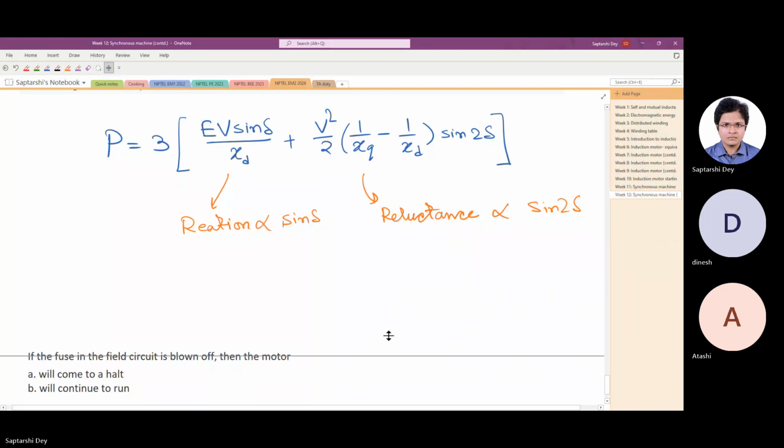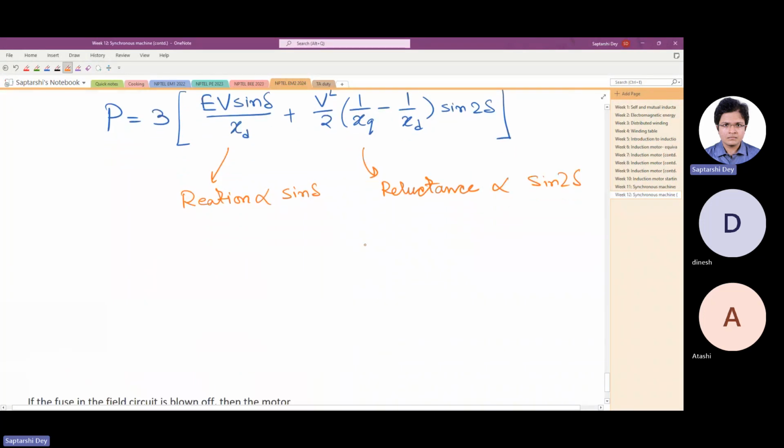So if you draw a power versus delta plot, here you have delta equals 180, here delta equals 90.